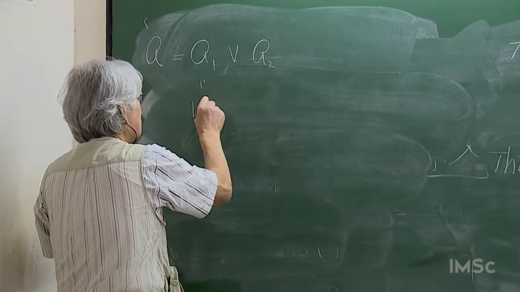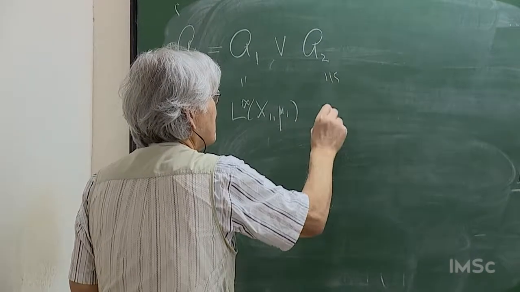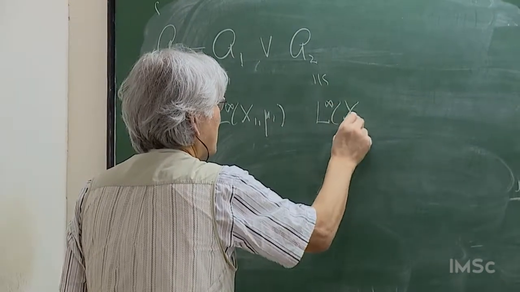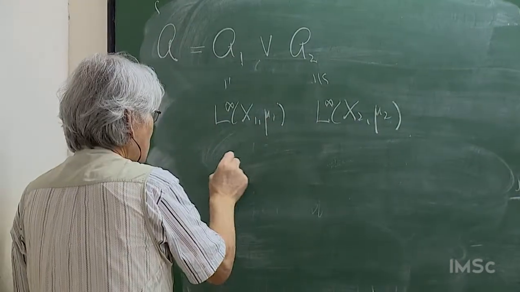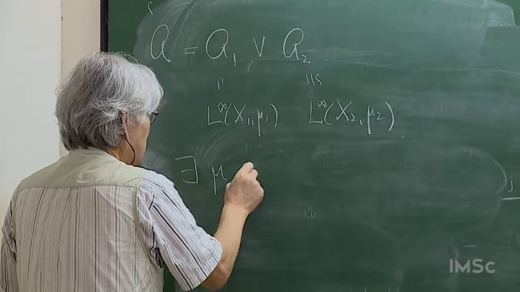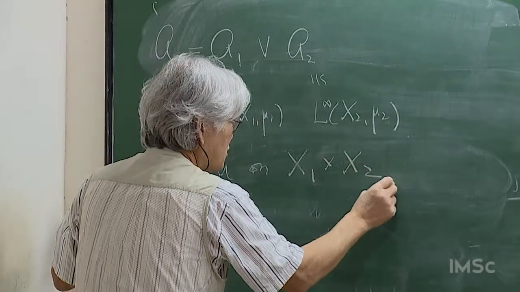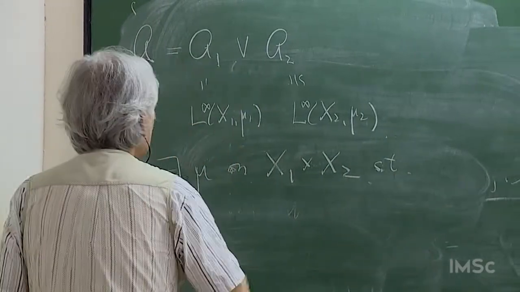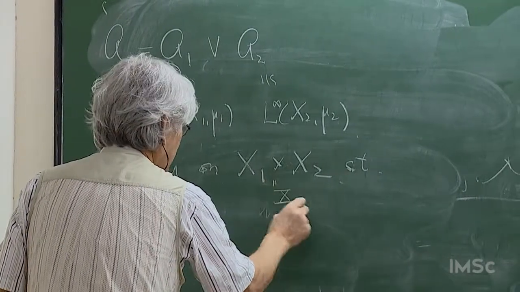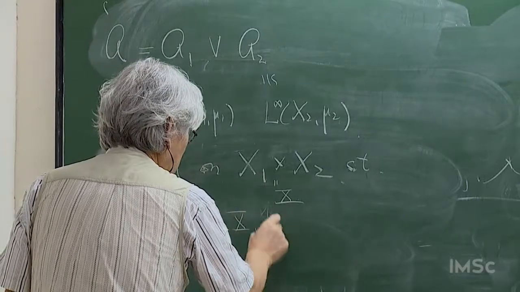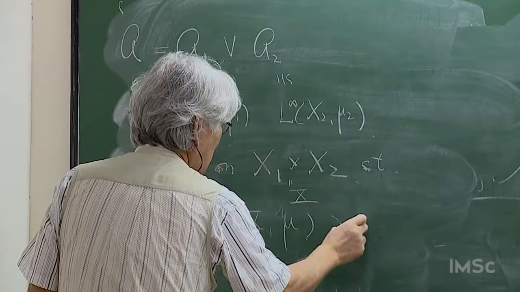This is L infinity of x1 mu1, and this is isomorphic to L infinity of x2 mu2. Joined, then there exists a measure mu on the Cartesian product x1 times x2 such that this A is L infinity of the product, with the measure mu. So this contains A.